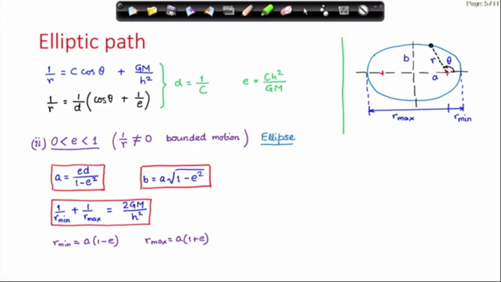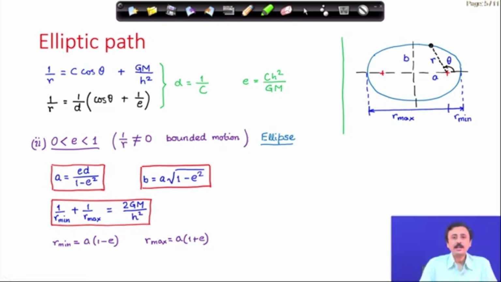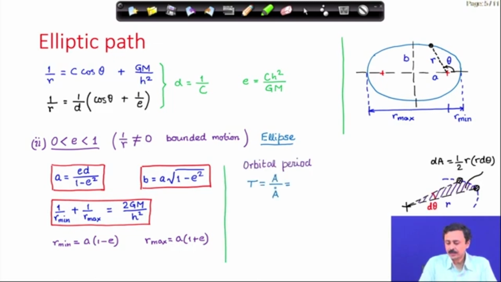We continue with this elliptic path. Now, what I have done is I have removed all that clutter and written down only the main relations. Let us move forward and see what we can derive from it. What we want to derive first is the orbital period.